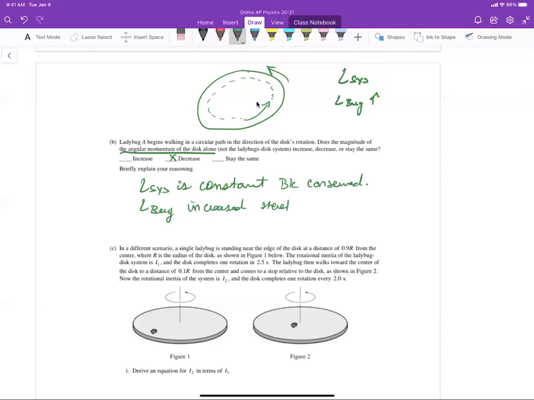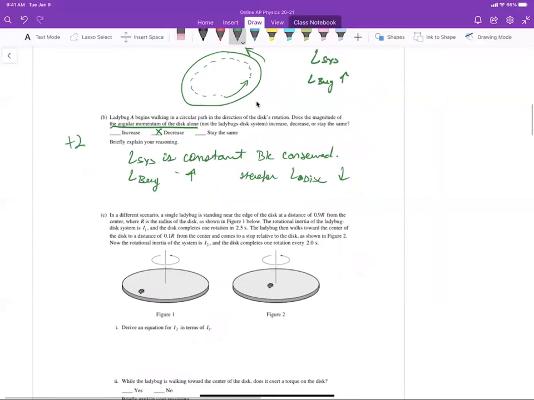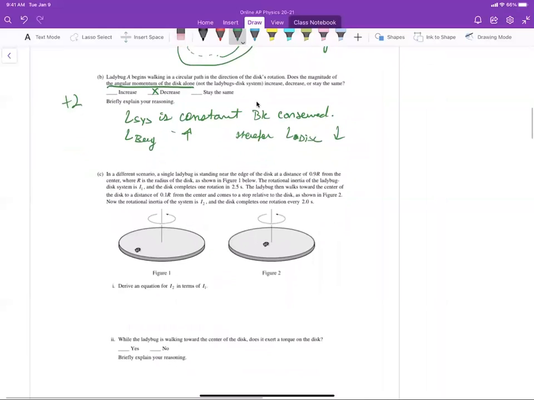Therefore, the angular momentum of the disc had to decrease in order for the total to stay the same. This is worth +2. Correct answer, correct explanation, and so forth.